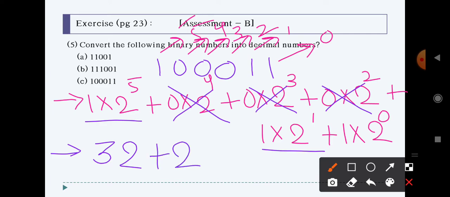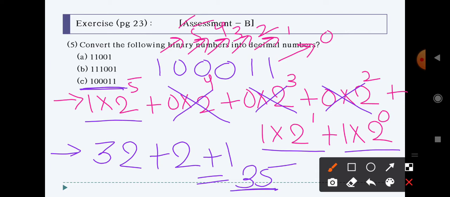And after that we have 1 into 2 to the power 0, so you'll be getting 1 over here. So this is going to give you 35 as your number. So this number is equivalent to 35 in the decimal number system. Fine, this is about the C solution.